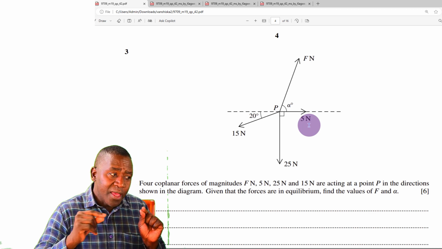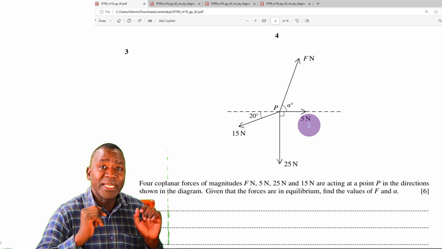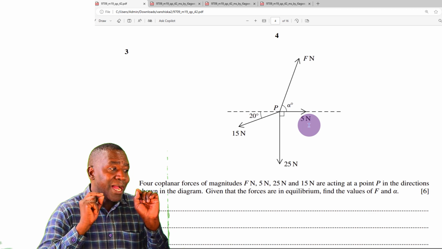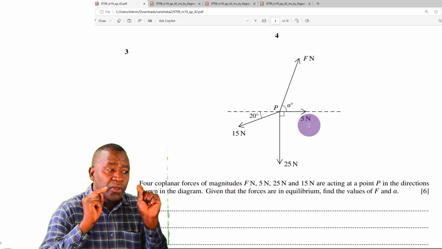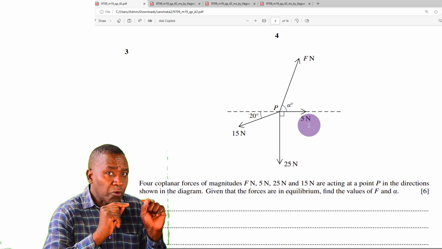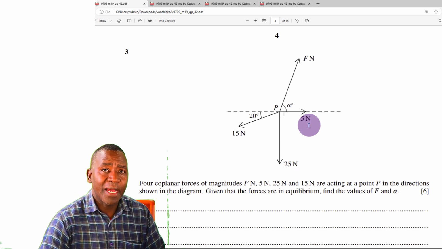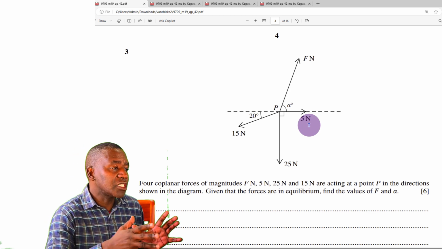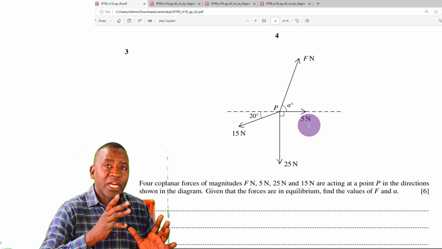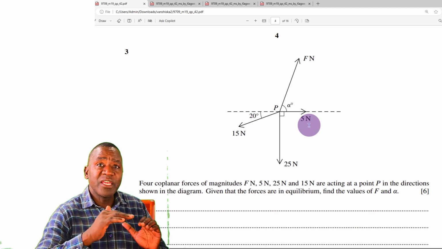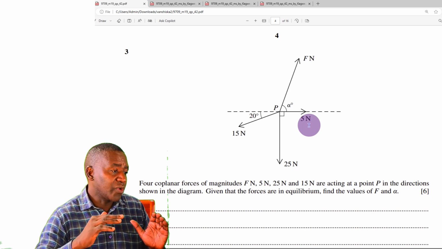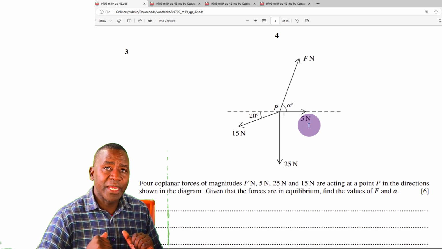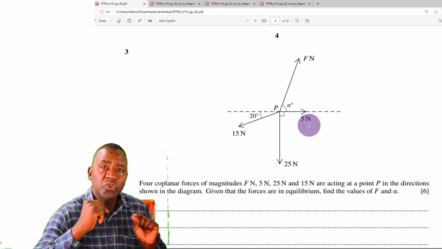The reason why mechanics becomes a little bit challenging to most students is because they don't have those clues, what to look for when they are given a certain question. So this type of question where you're given several forces, some making an angle with a given direction and some in the standard directions, and then you're either told there is a resultant force or the forces are in equilibrium, there is a standard method of solving that.